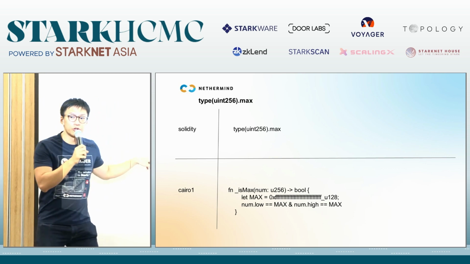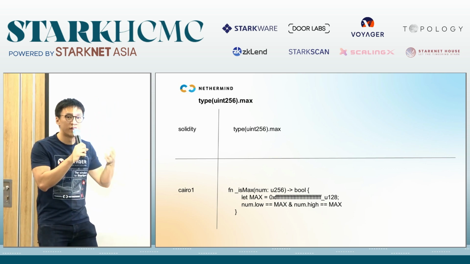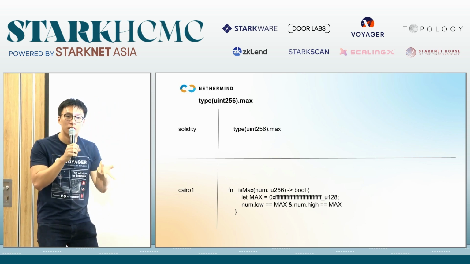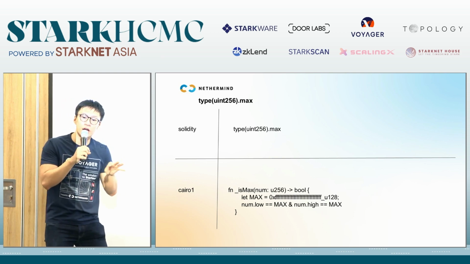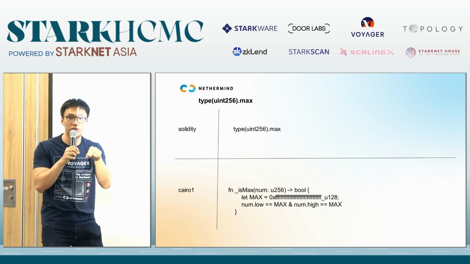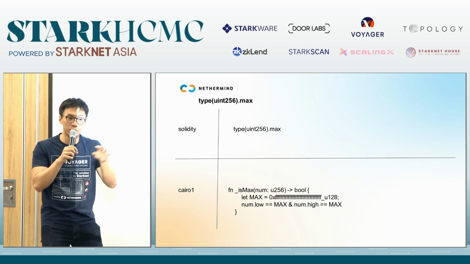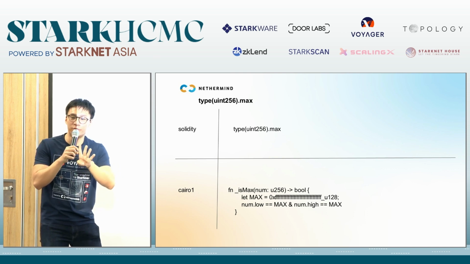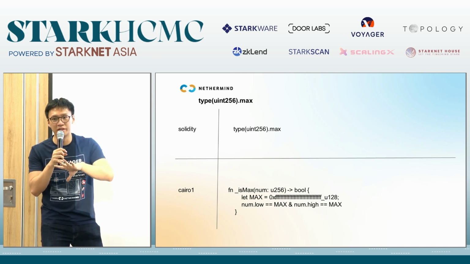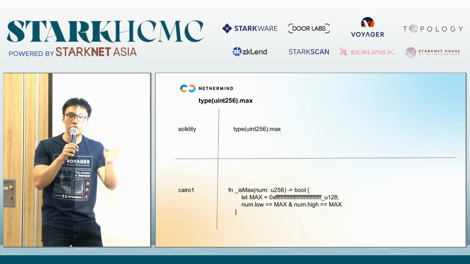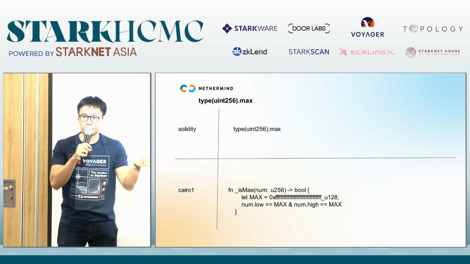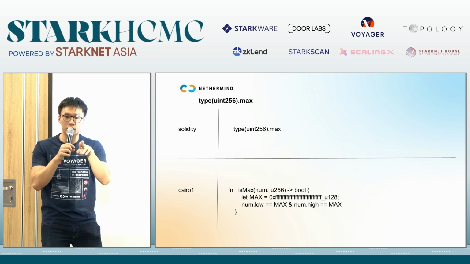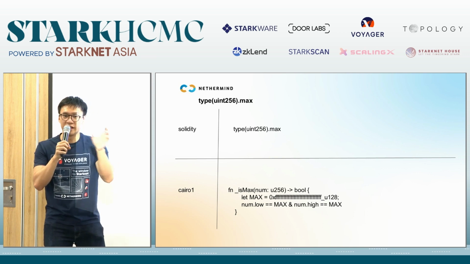This is a function that I create to check if the value is max or not. Because everything in Cairo is in felt, and felt is only 252 bits. It's not enough, so we need 256 bits. So we are missing about 4 bits. If you have the parity, it's 5 bits. So the solution to have 256 bits supported is that they took two 128 bits and concatenated them together.